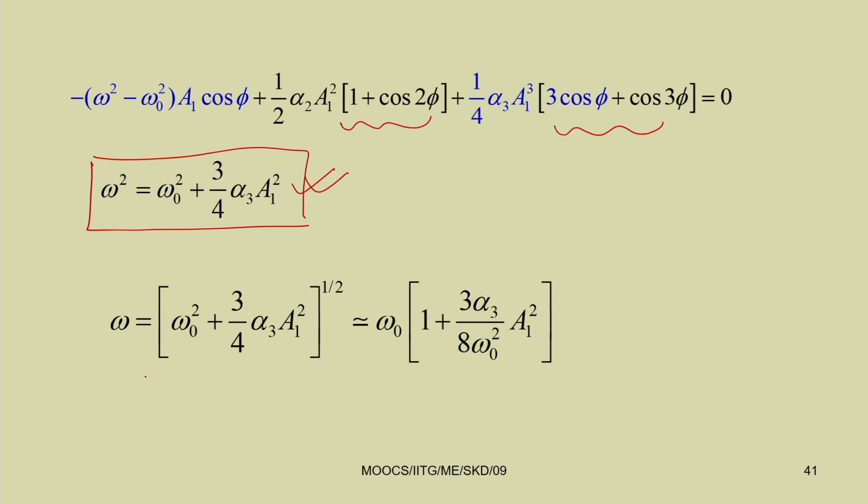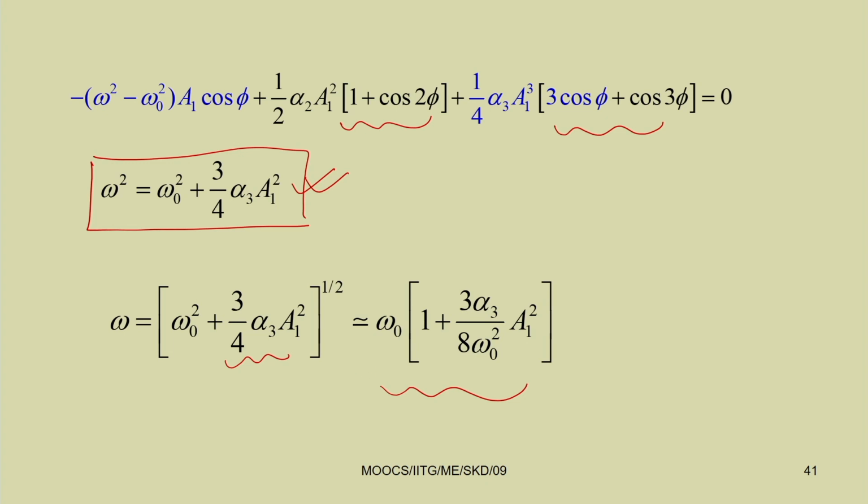So, this omega square is this. Now, we can write omega equal to root over omega 0 square plus 3 by 4 alpha 3 a 1 square. By expanding this by binomial theorem, as this term is small in comparison to omega 0 square, this half will be multiplied with this.